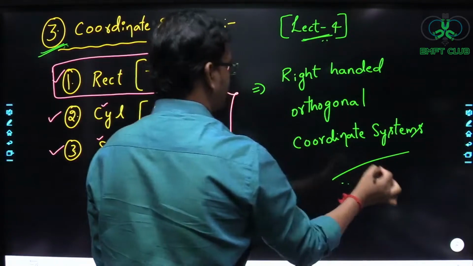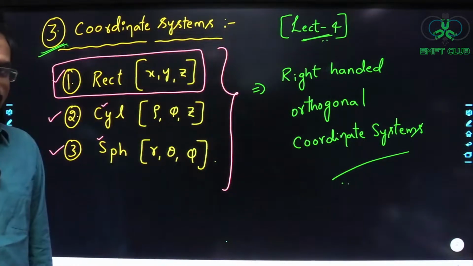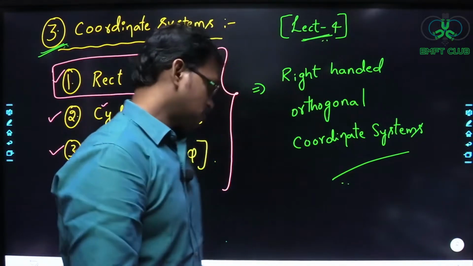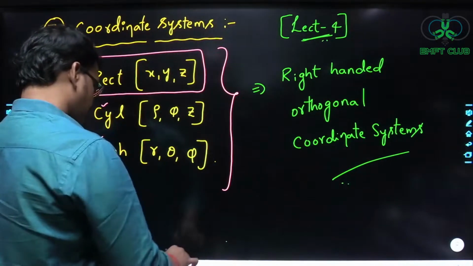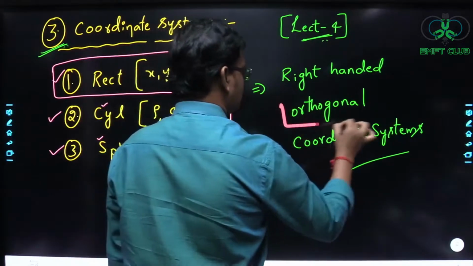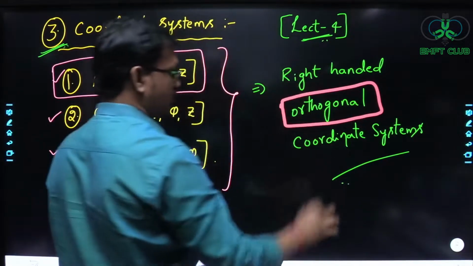All these 3 coordinate systems are called what? Right-handed orthogonal coordinate systems. So why are we calling it orthogonal?